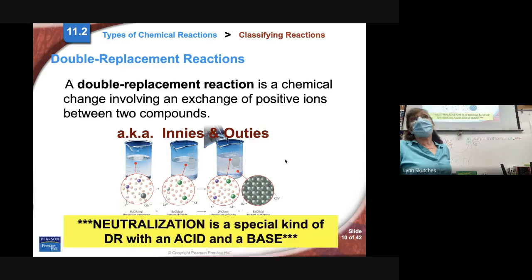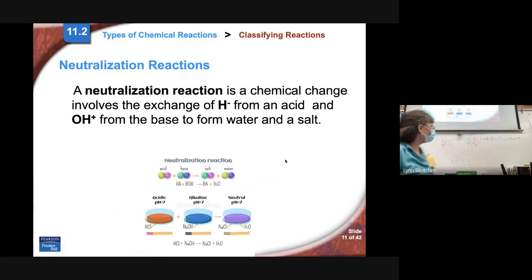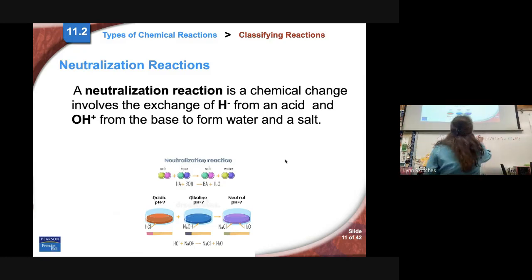Neutralization is just a special kind of innies and outies where you have, instead of just a generic metal, you have a hydrogen ion. Okay, and instead of a random non-metal, you have a hydroxide ion.